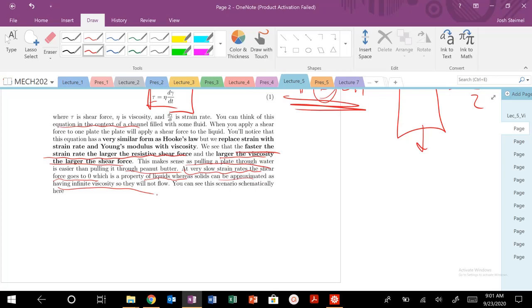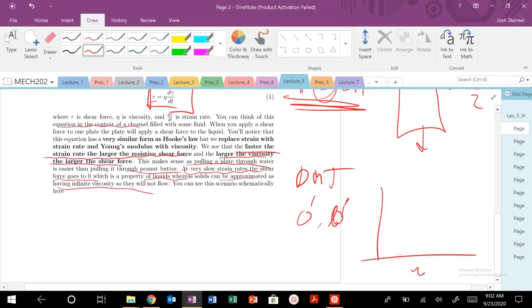If I pull infinitely fast, I can make any viscous fluid behave like an elastic solid. So that strain rate dependence is going to be very interesting in terms of the mechanical properties. We're going to create dynamic mechanical testing measurements where you have a plot of your loss modulus and your storage modulus, with different curves as a function of frequency, and a crossover. But more on that much later in our mechanics lecture.